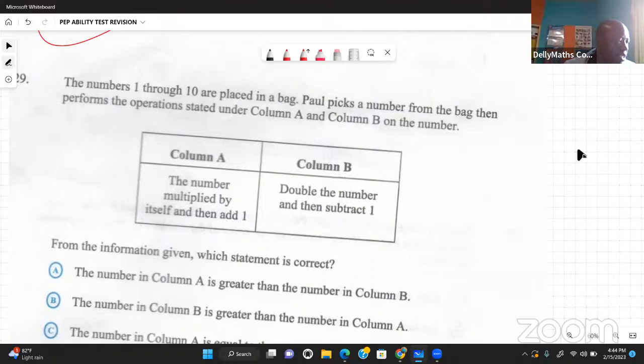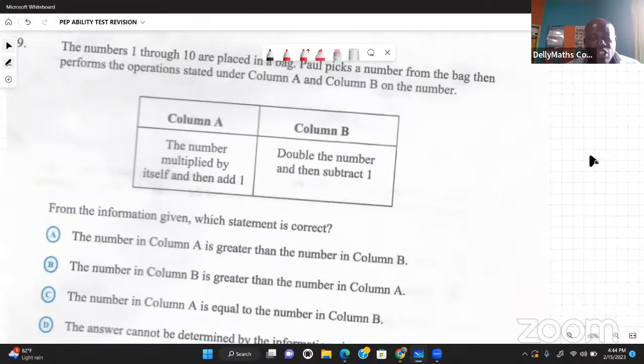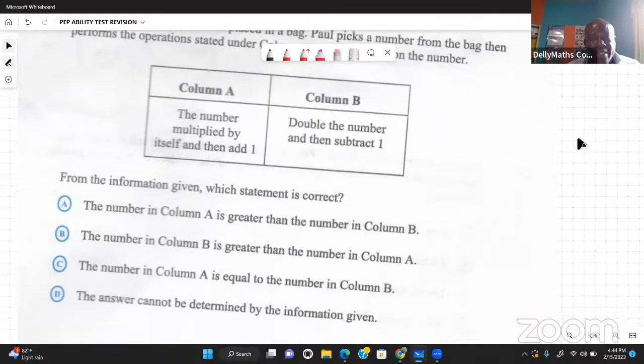So what you want to do is not to guess when you get questions like this. You need to carry out the operation on a few of them and then make a conscious decision. In column A, the number is multiplied by itself, and then 1 is added. For column B, double the number, and then you take 1.